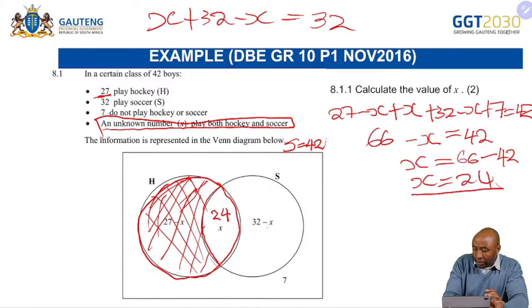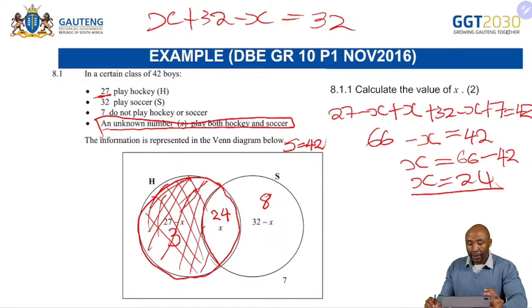Those that are playing soccer only, it will be 32 minus 24, and that will give us 8. And those that are playing hockey only will have 3. And check, we are able now to see the number of those that play either hockey or soccer. Let's move on to the next question.